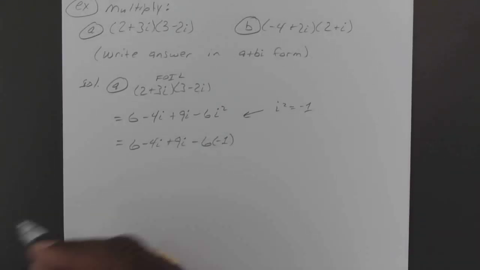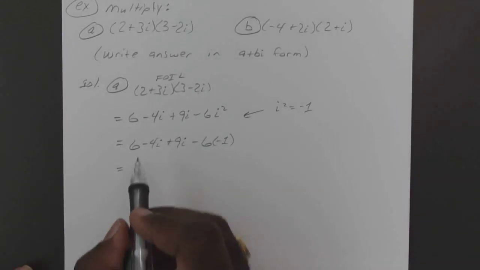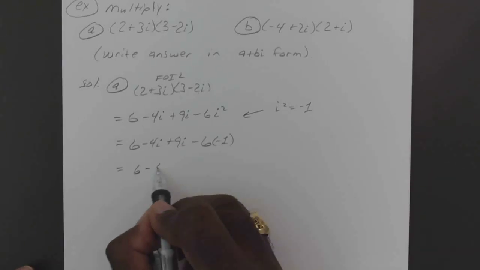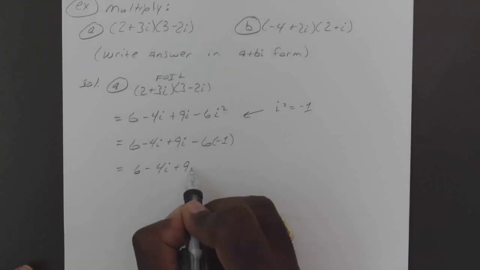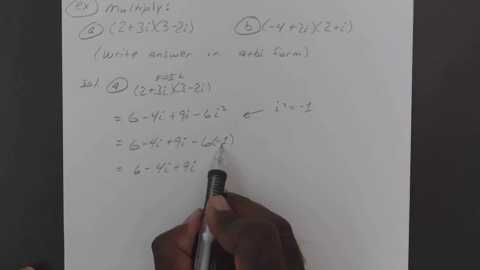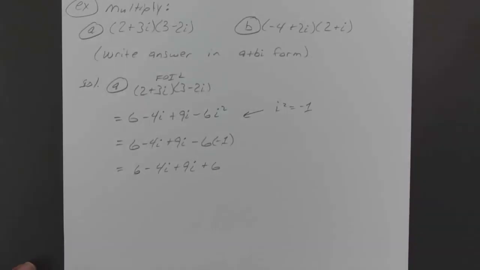I'll combine them on the last step. So 6 minus 4i plus 9i, negative 6 and negative 1 makes that plus 6. Now you just combine your reals and reals and imaginaries to imaginaries and make sure it's in the right form.